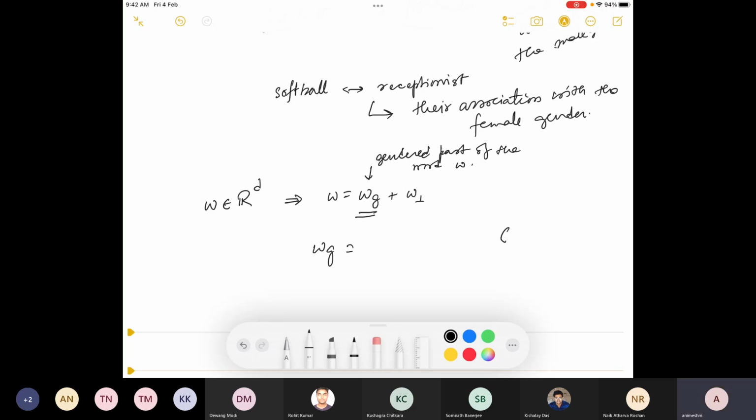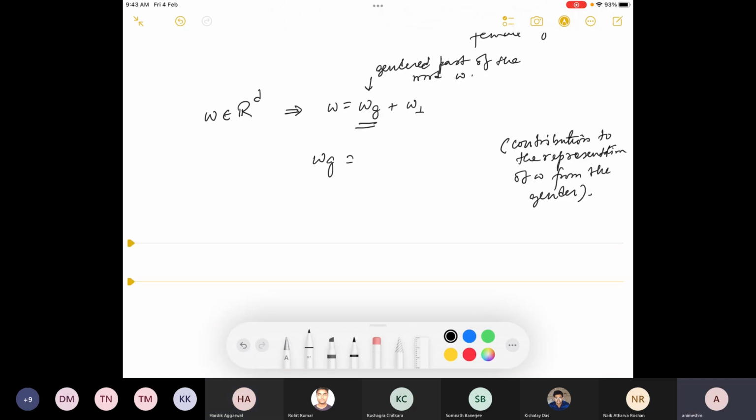As I say, this is the contribution from the gender, the contribution to the representation of W from the gender. How do you compute it? It's the projection along the direction of the gender. Very good.